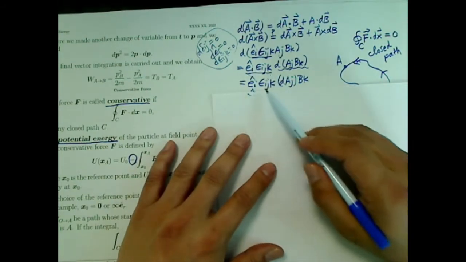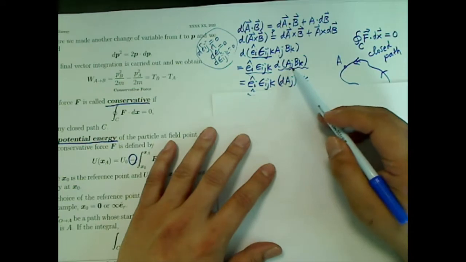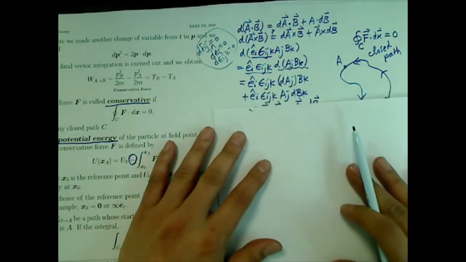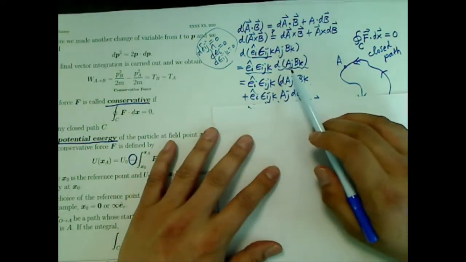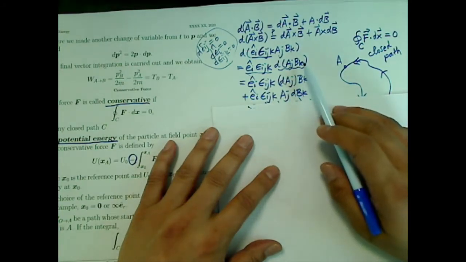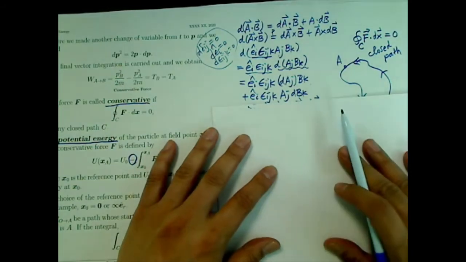This one is copied here, and for the fourth piece is the derivative of this. So differential of A_j multiplied by B_k. And the next one is keep this A_j the same and take the differential of B_k. Therefore, we have this contribution.